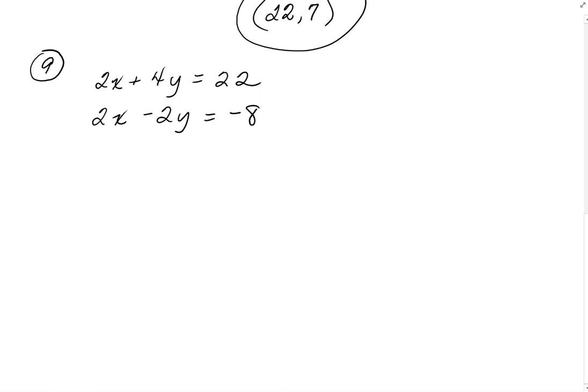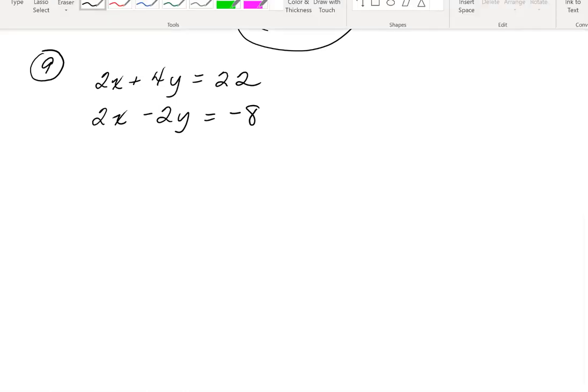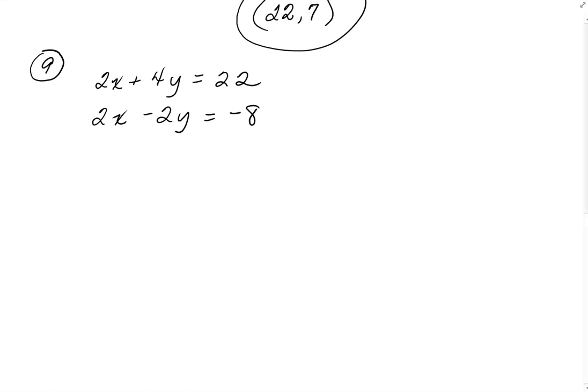Now in this one, you do not have opposites in the x's and you do not have opposites in the y's, but you could get a pair of opposites pretty easily in the x's if you simply took one of the equations, either the first one or the second one, and multiplied by negative 1. Sometimes the hardest part is deciding what you need to multiply by to create opposites.